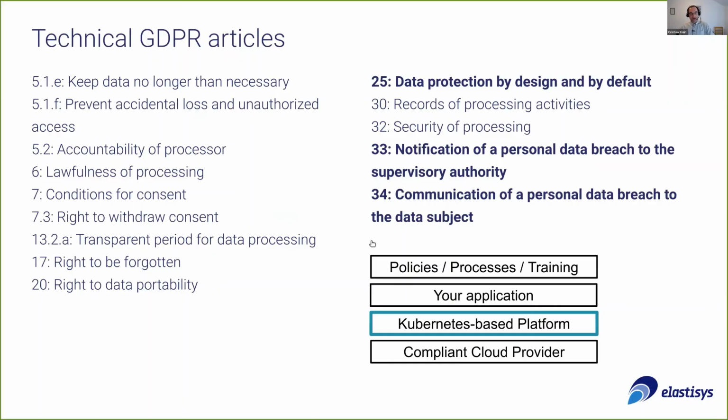We have looked at some GDPR articles, at the more technical ones, and found the following list that has implications on how you would configure and implement a Kubernetes based, cloud native computing platform. In what follows, I will focus on Article 25, which is about data protection, and then Articles 33 and 34, which are about breach notification.